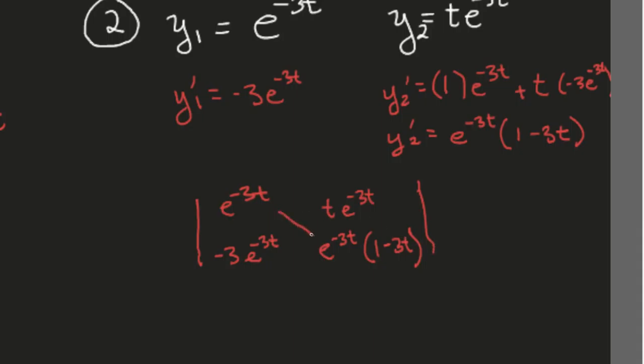Find the determinant. It's going to be this times this minus this times this, so it's going to be e to the negative 3t, so this is W, this would be the determinant of W.